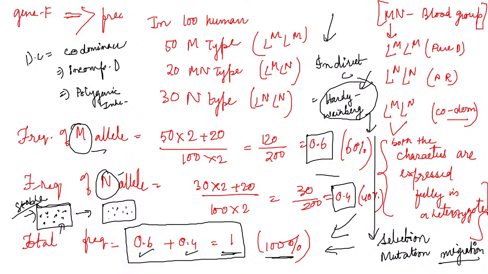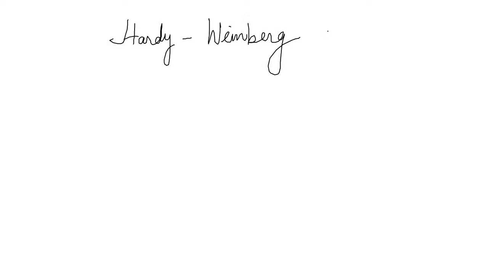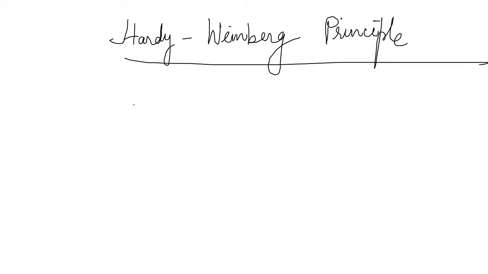So according to the Hardy-Weinberg principle, what do we get to learn? We get to learn that P is denoted as the frequency of the dominant allele. Okay.